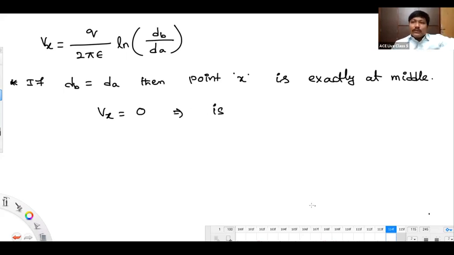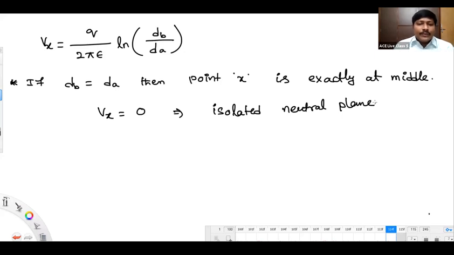Isolated means not connected to ground, but still we are experiencing a plane along with voltage value as 0. Isolated neutral plane, Vx is equal to 0.